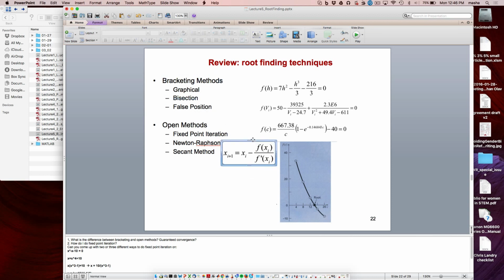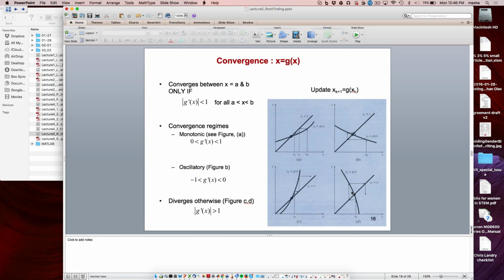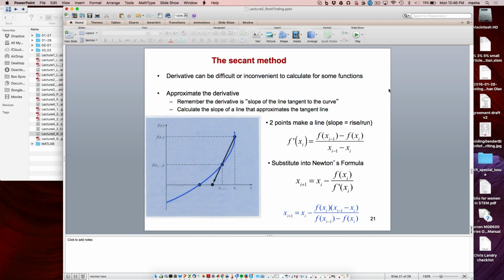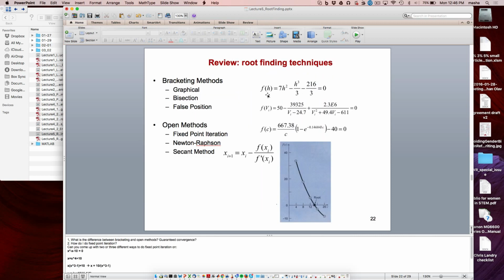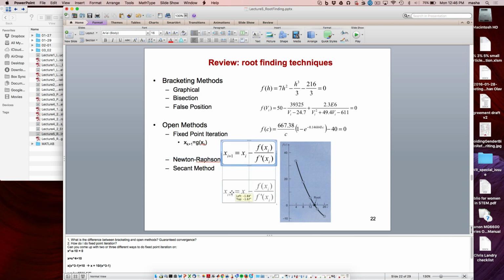So here's Newton-Raphson. Here I have everything on the same slide now.